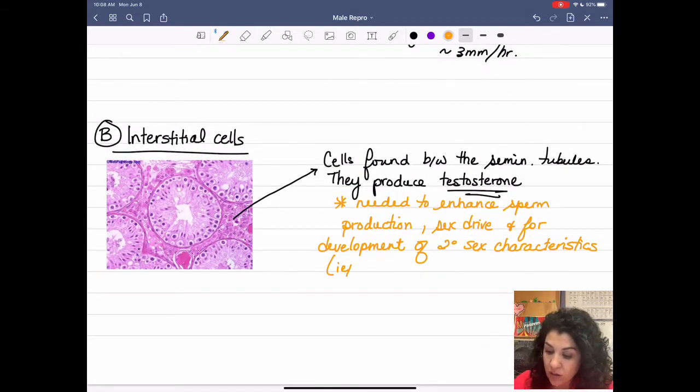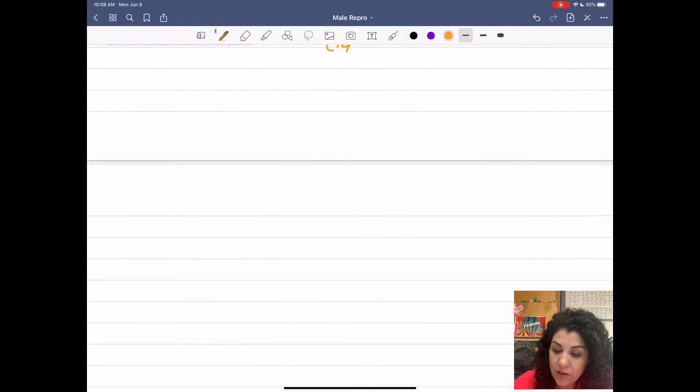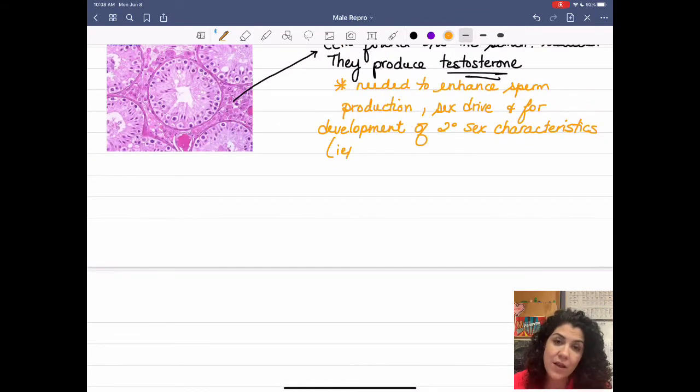In terms of gender. Now, secondary sex characteristics, these guys develop at puberty. So for females, it would be breasts, it would be sort of the fatty deposits that come around the hips.